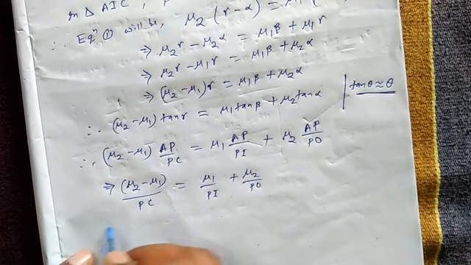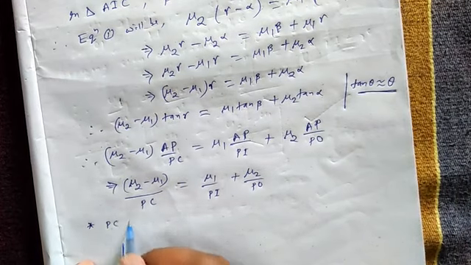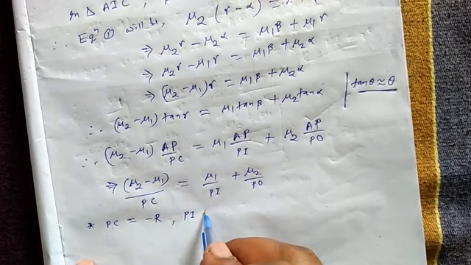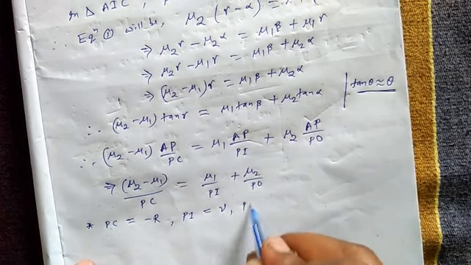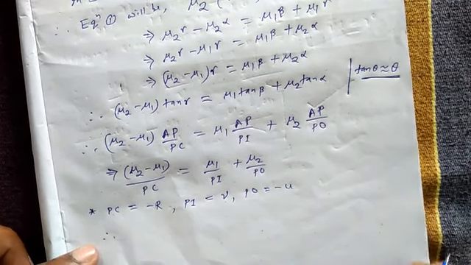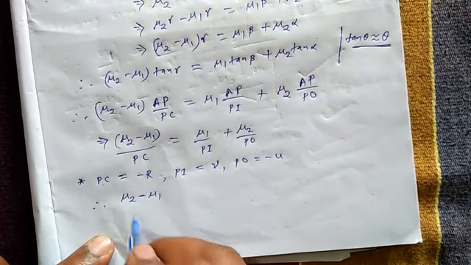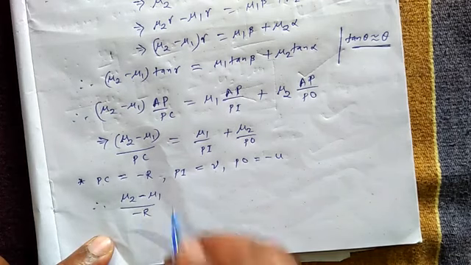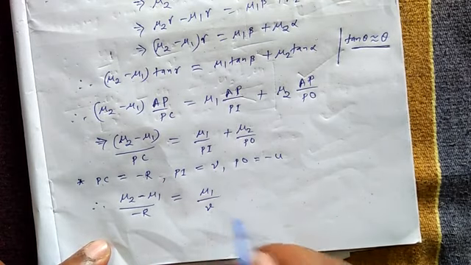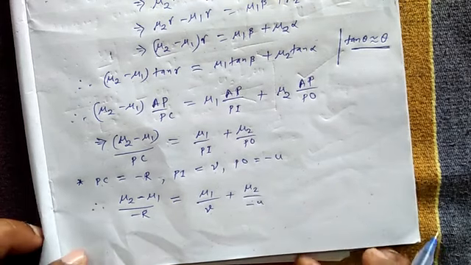Now applying sign convention, we can write PC is equal to minus R, PI is equal to image distance, this is V, and PO is object distance, this is minus U. So you can write mu2 minus mu1 by minus R is equal to mu1 divided by V plus mu2 by minus U.